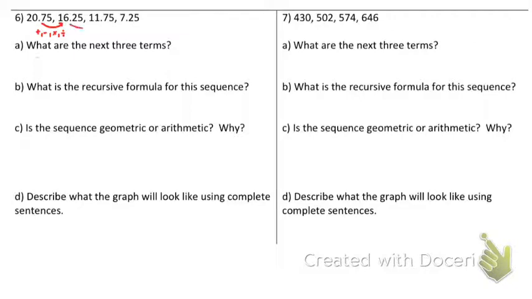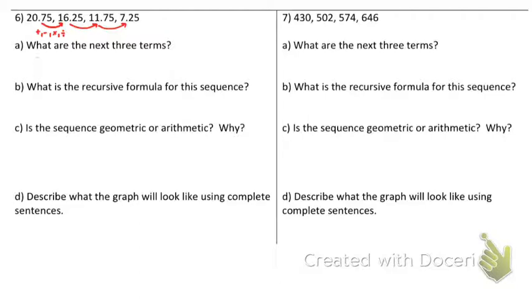And hopefully this looks pretty obvious. I know we have decimals and stuff, so this can be a little tricky, but I'm going to show you a quick trick on how to figure out if we're adding or subtracting, or multiplying or dividing, to get to the next, okay? So that's our question there.